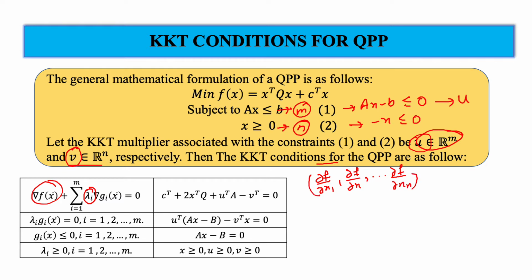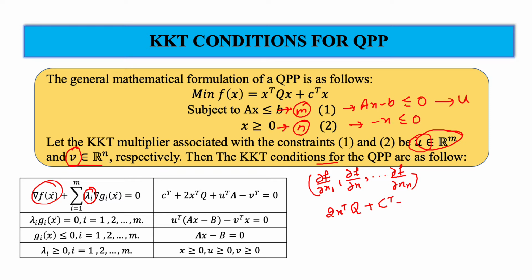Now you can understand how to write down the KKT conditions. If you differentiate with respect to x, you will get 2x transpose Q plus c transpose.